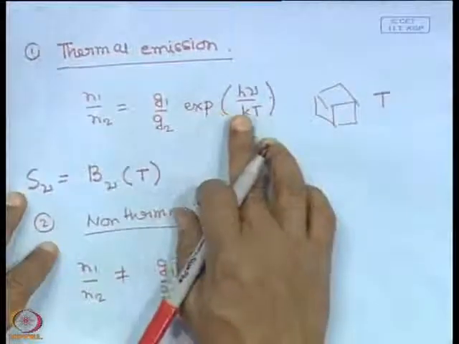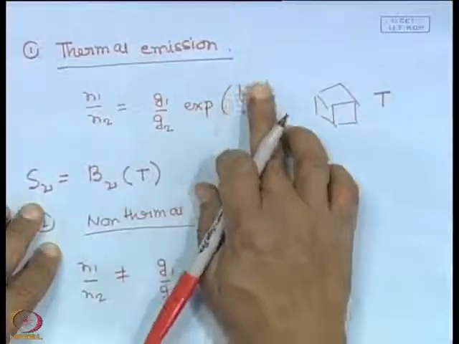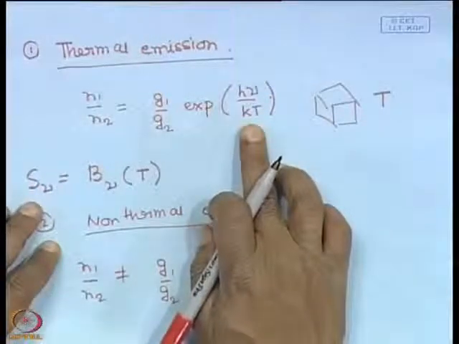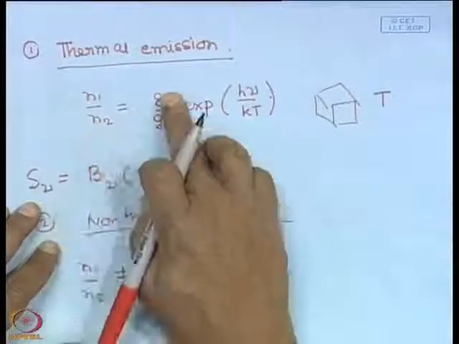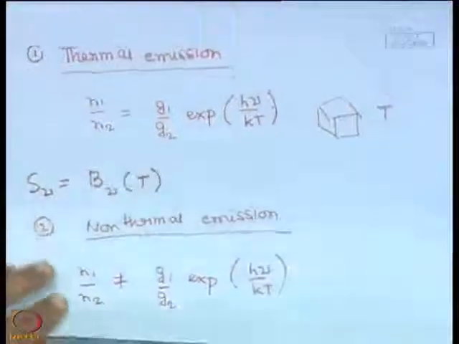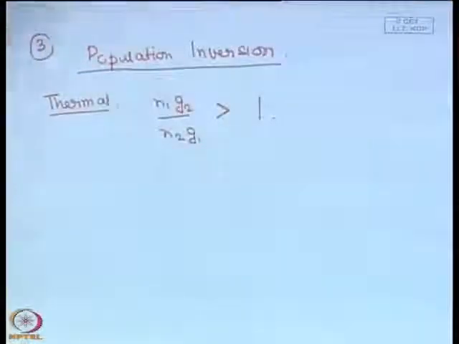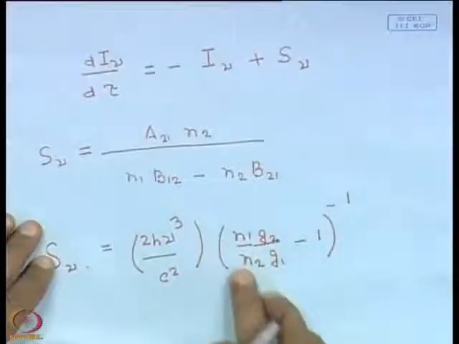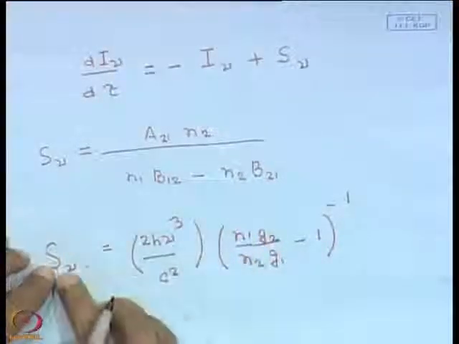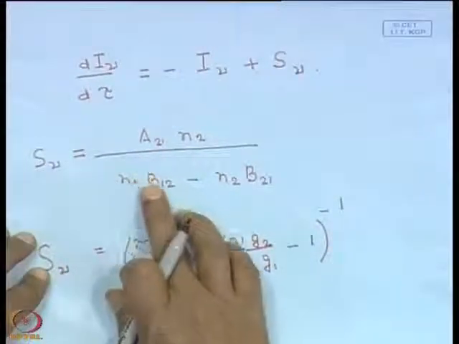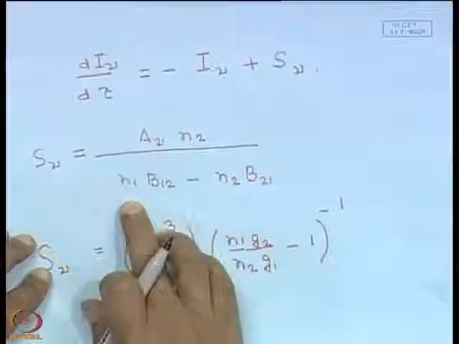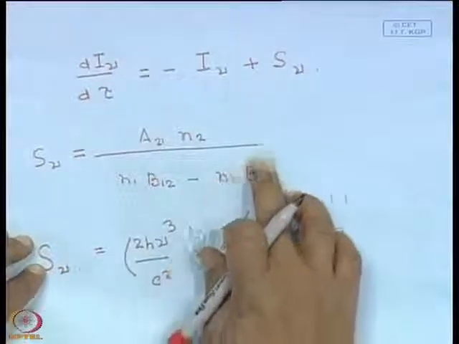It is quite obvious from here, exponential of a positive number is always greater than 1. And if this ratio is greater than 1, the source function is necessarily positive, which means that the absorption is in excess of the stimulated emission.